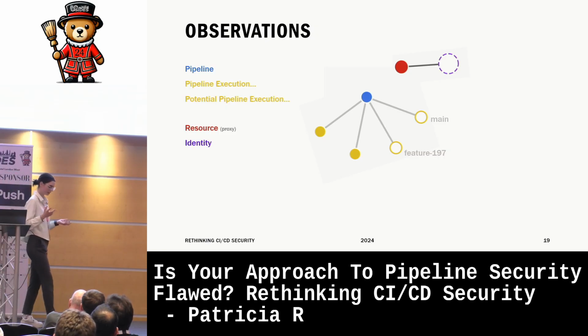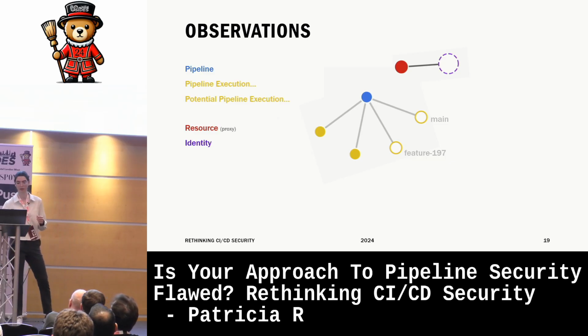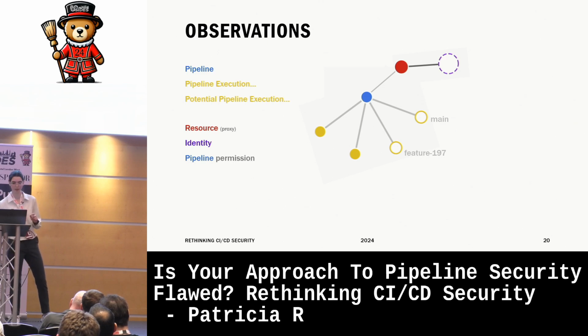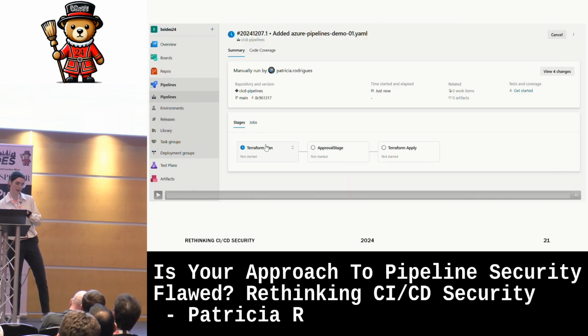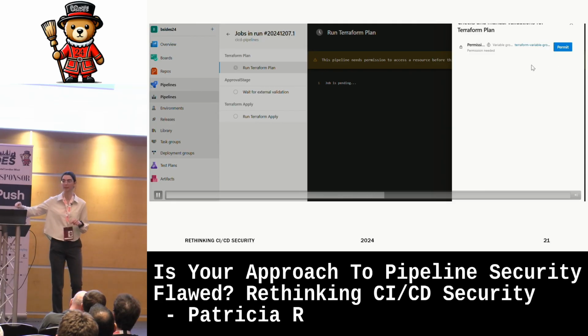After defining the resource, what we need to do so that our pipelines can access it is grant the pipeline access into that resource. So essentially, we're going to just draw a line saying, yeah, this pipeline has permission into this resource. And here, you can see that my pipeline is not running. And it's not running because it's waiting for me to grant it access.